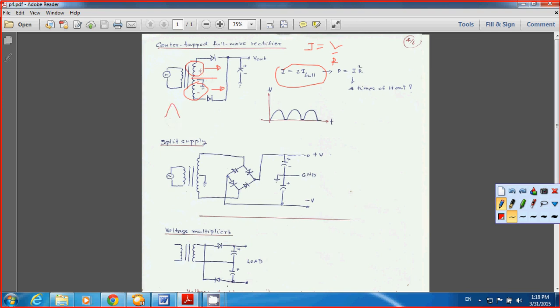When the positive input signal comes in, this part works, but this part doesn't. And when the negative sinusoidal comes in, this part stops working and this part works. So it's only about 50% of the secondary side of the transformer working.